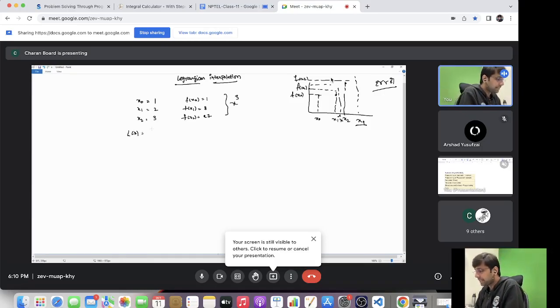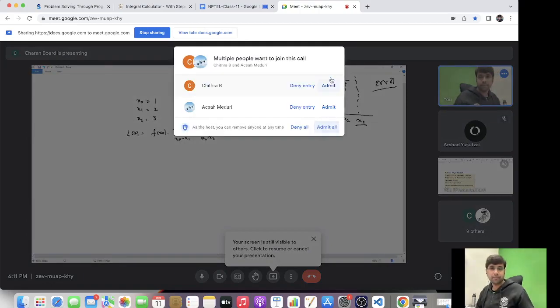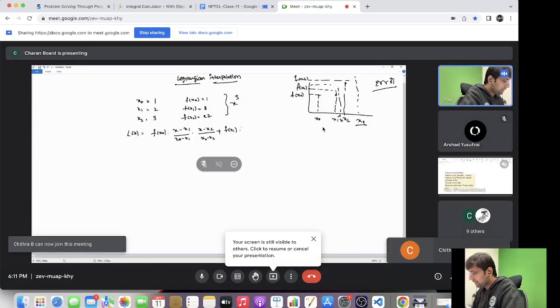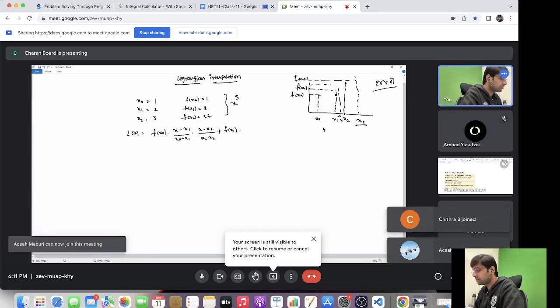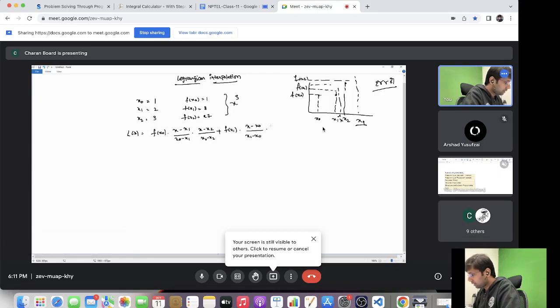First we take f of x0 into, making sure that you leave out x0, so x minus x1 by x0 minus x1 into x minus x2 by x0 minus x2. Then plus f of x1 into, this time avoiding x1, so x minus x0 by x1 minus x0 into x minus x2 by x1 minus x2.